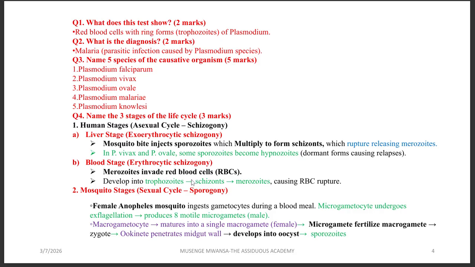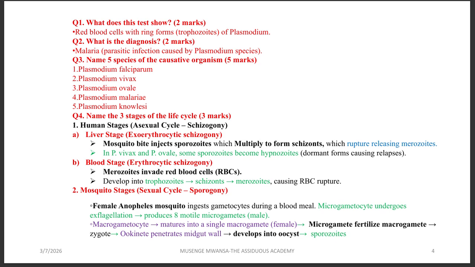Then the trophozoites are converted into schizonts. Schizonts grow and then rupture, releasing a lot of merozoites. That is in the liver, and then those merozoites will enter the red blood cells. The process then happens also in the red blood cells.